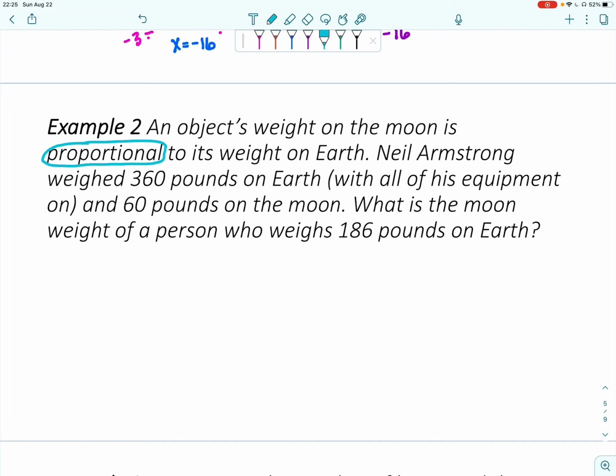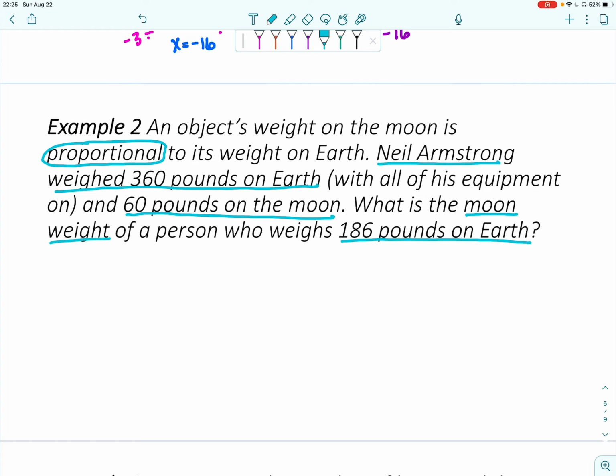So we're going to use proportions because of that keyword proportional to solve this problem. So we know that Neil Armstrong weighed 360 pounds on Earth and 60 pounds on the moon. And we have this other person who weighs 186 pounds on Earth, and we want to know, what do they weigh on the moon? What is their moon weight?